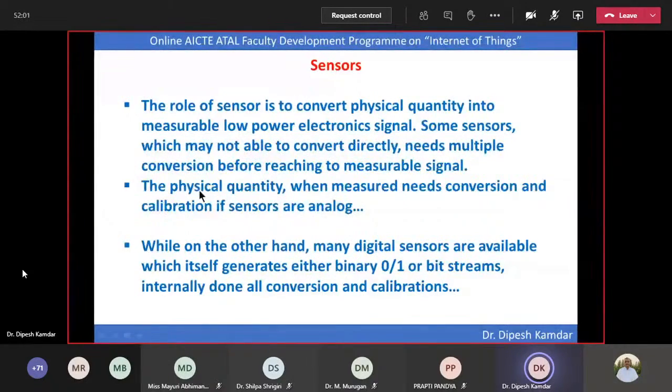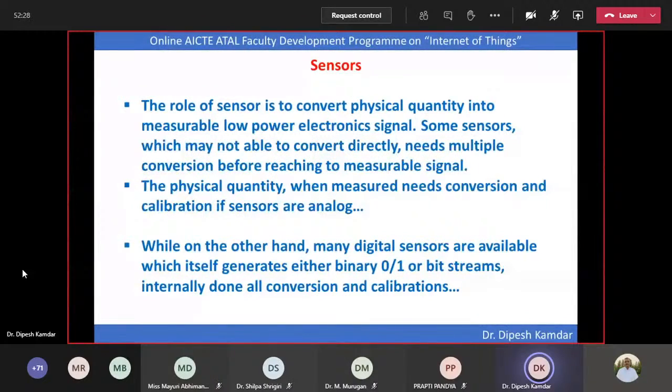When the sensor's output is analog, the analog data cannot be processed directly by our IoT devices. So we need to convert it into digital data by using an analog to digital converter.